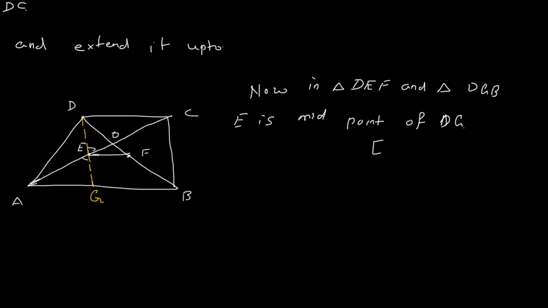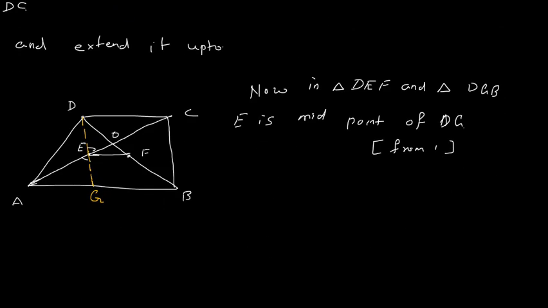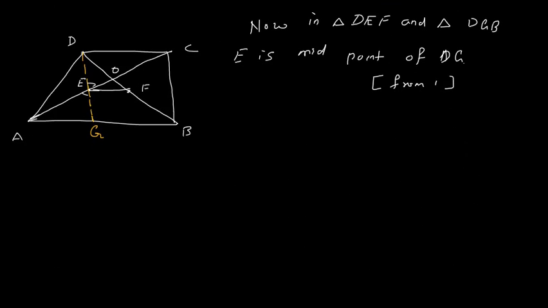We have proved in equation 1 that this EG and this ED are equal. So E is the midpoint, and F is the midpoint of DB. It is given.